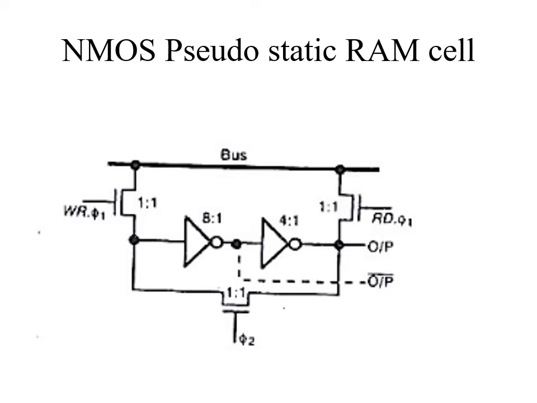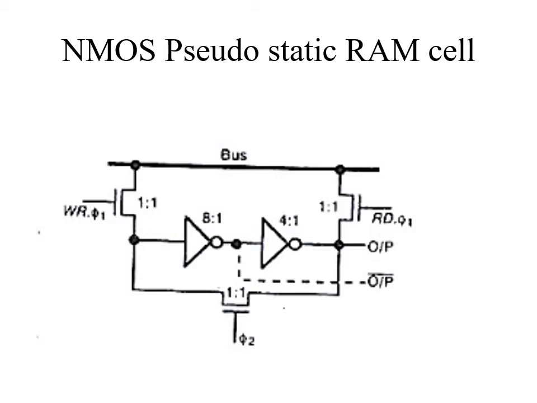So you can fetch the complementary output as well as the non-complementary output. From the first inverter you get the output in complementary form, and from the second inverter you get the output in non-complementary form. And here you can see one more transistor connected as a feedback.